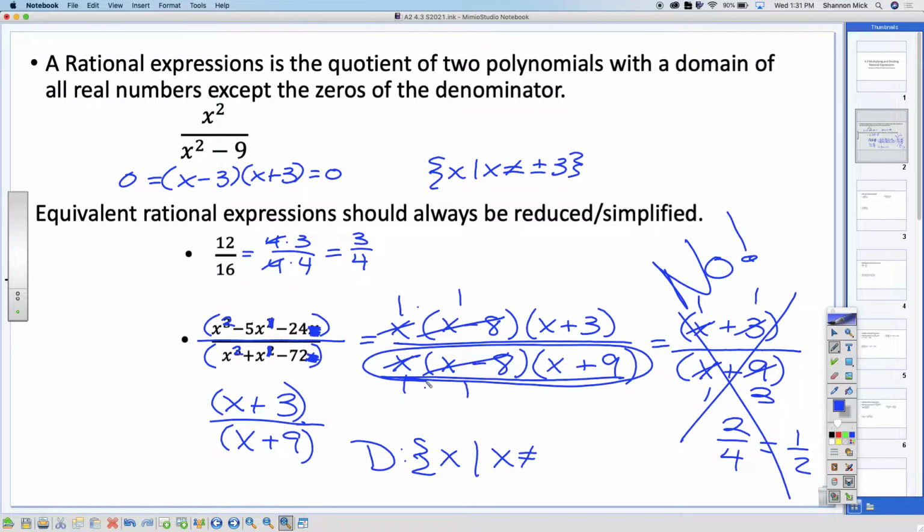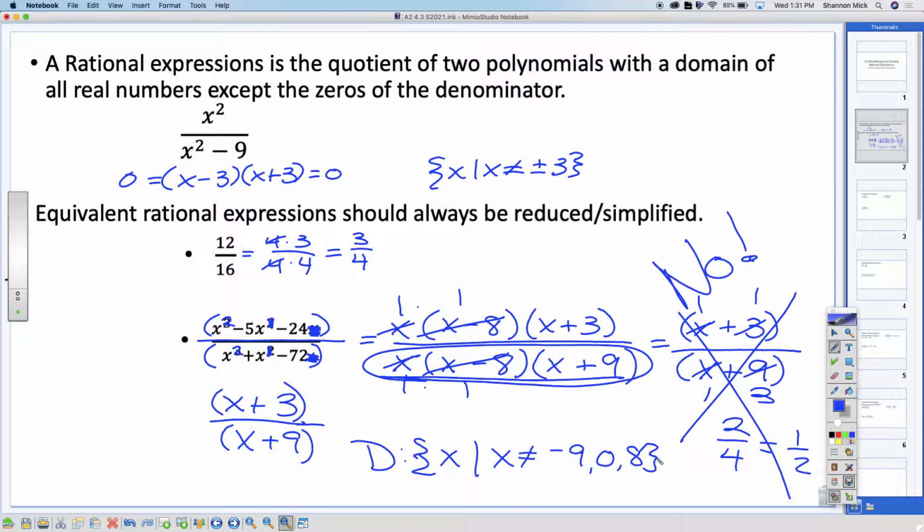Okay? So this would be negative 9, 0, and 8. Now, when I graph this, the only one of those that would be a vertical asymptote would be negative 9.